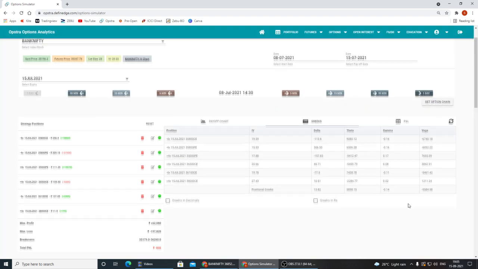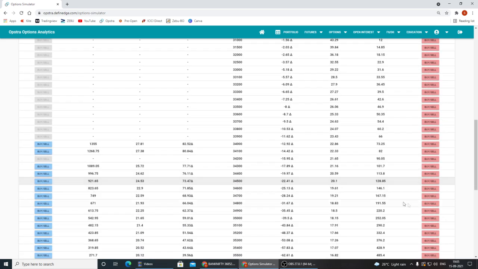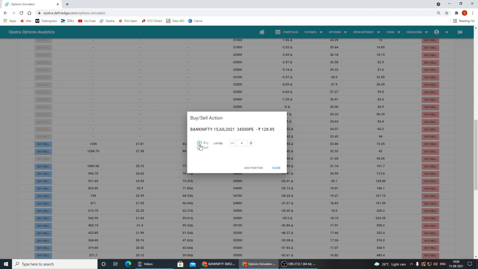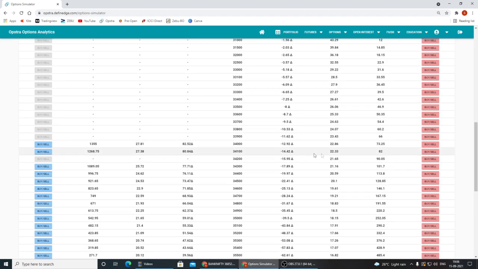Which put option do we need to buy? Let's see. I am going to buy the 34,500 put option, which is trading around 128. I am going to buy 4 lots.